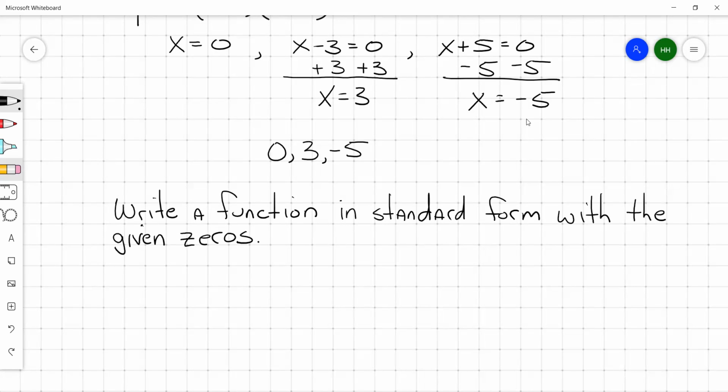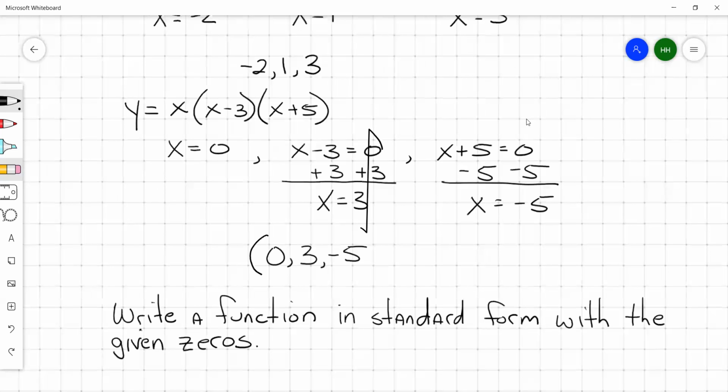So now, when you had these 3 zeros in the previous example, a 0, a 3, and a -5, these were your factors, x, x minus 3, and x plus 5. Agreed?